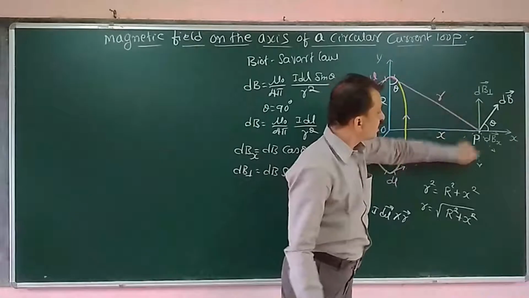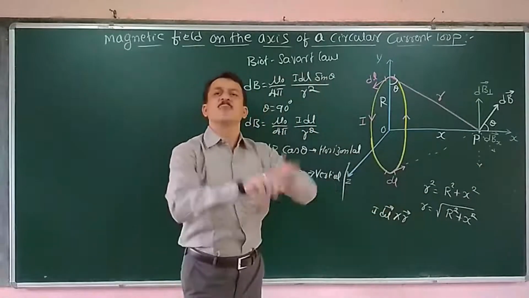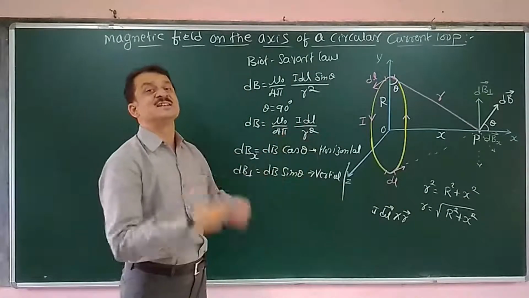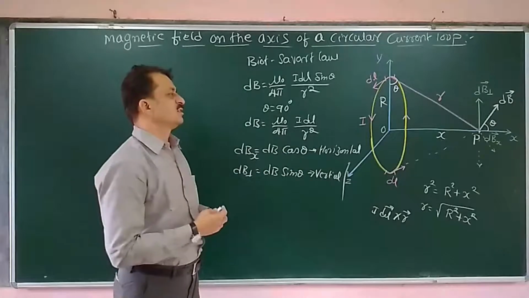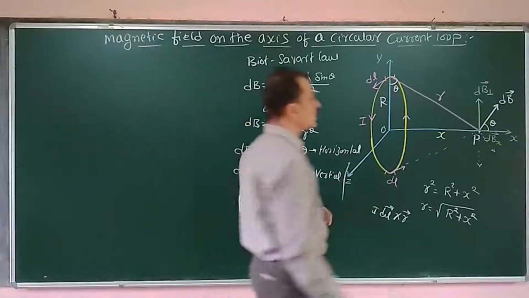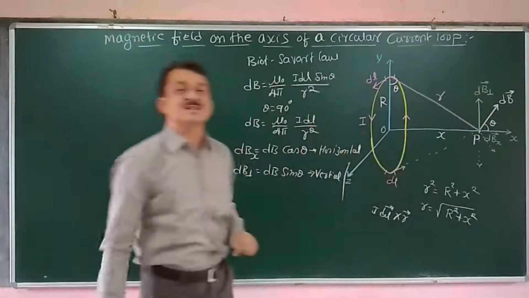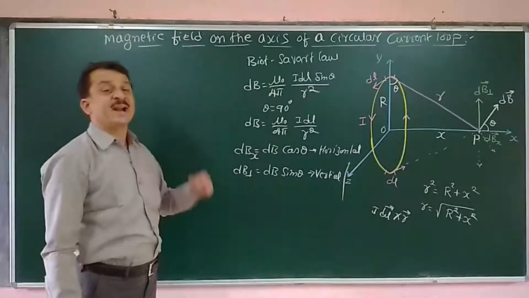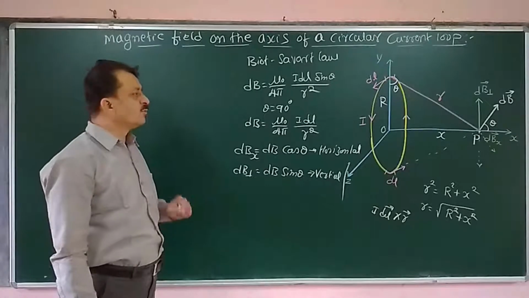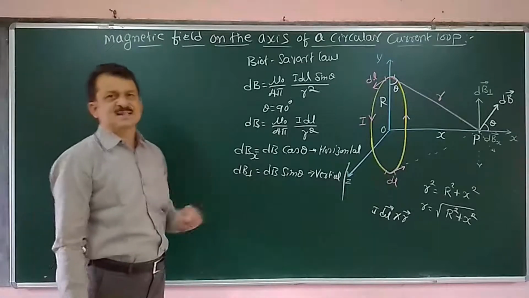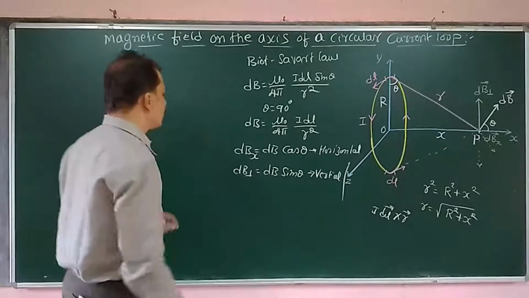These two vertical components are equal in magnitude but opposite in direction, therefore they cancel each other. But the horizontal components are in the same direction, so they add up. The vertical components cancel out, only the horizontal components add up.